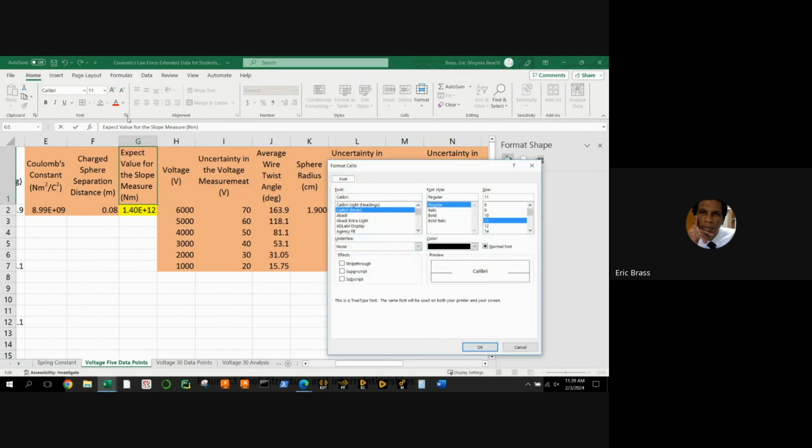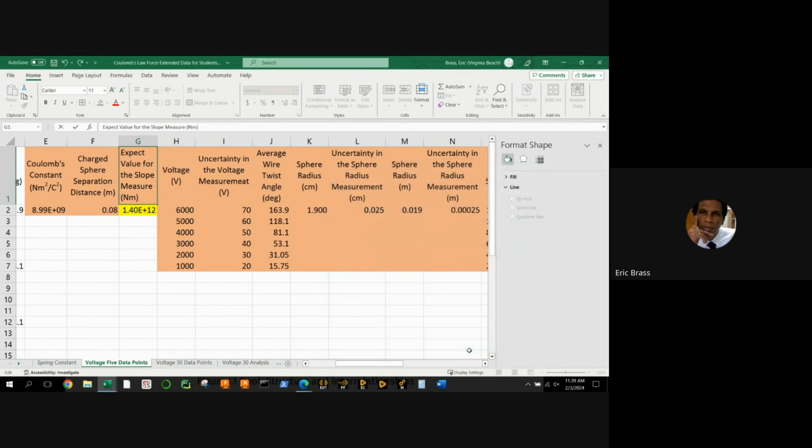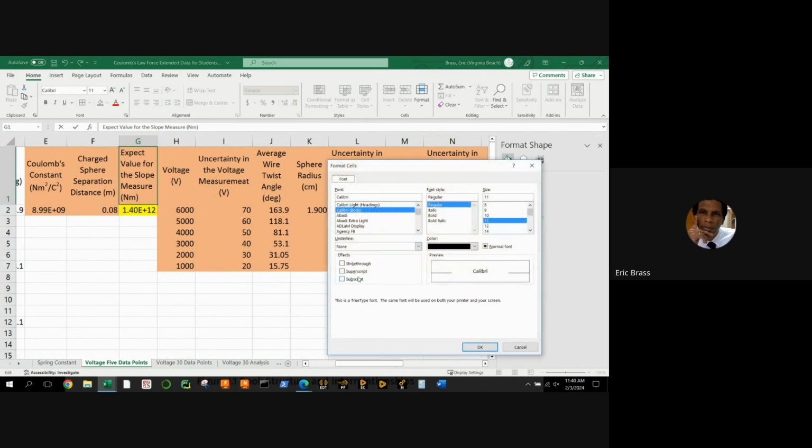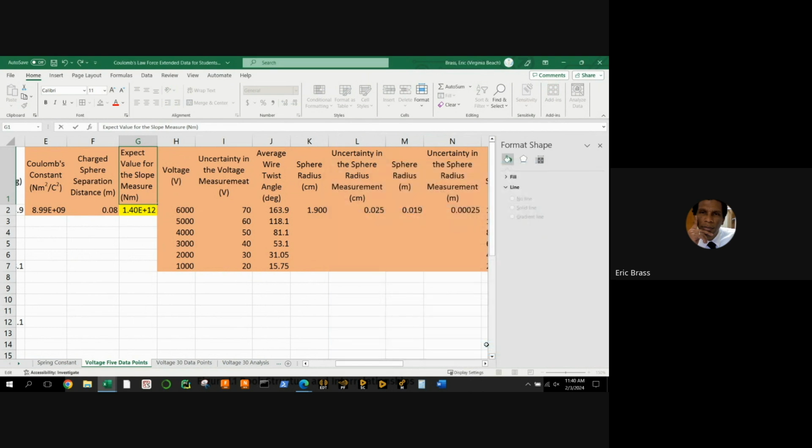I'm kind of jumping around a little bit here. Just wanting to correct this mistake. So this is 4.